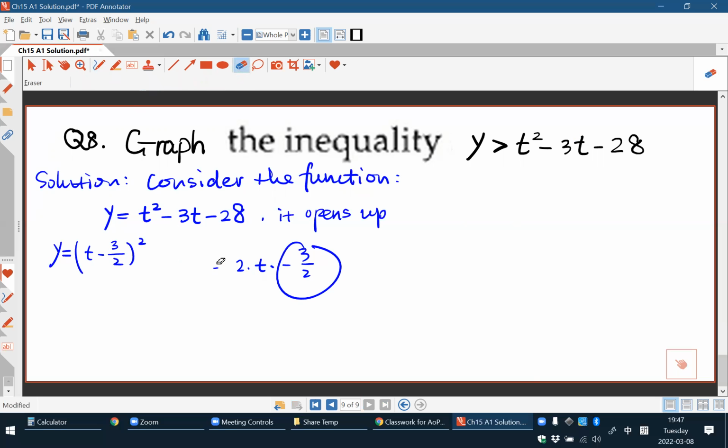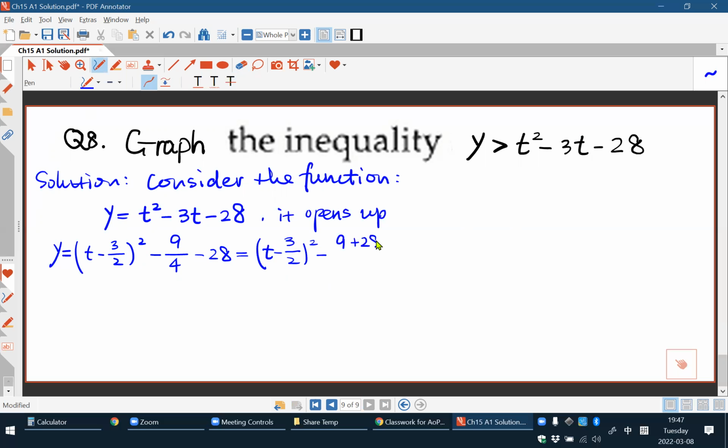Okay, and if you expand it, you will get t squared minus 3t plus 9/4. There is no 9/4, so we need to subtract it, right? And then copy the rest of the expression. Then which can be further simplified to t minus 3/2 squared minus 9/4 minus 28, right? Can you follow me? Yeah.